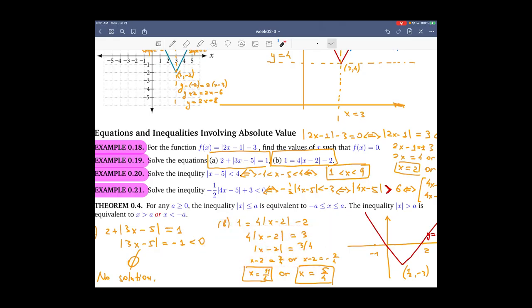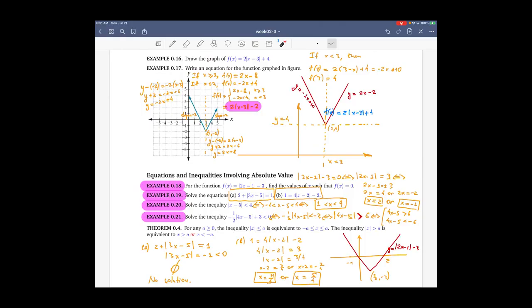And similarly, the inequality absolute value of x strictly greater than a is equivalent to either x being greater than a or x being less than negative a. Again, on the real line, here is 0.